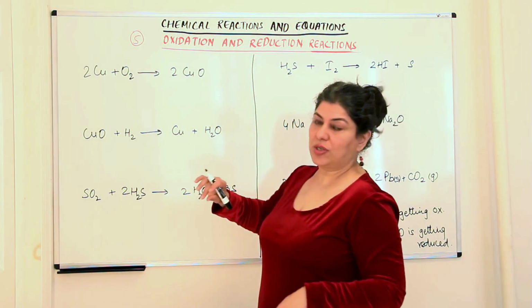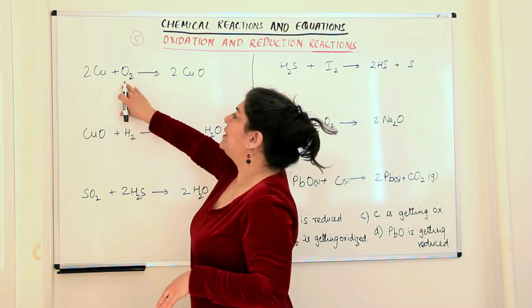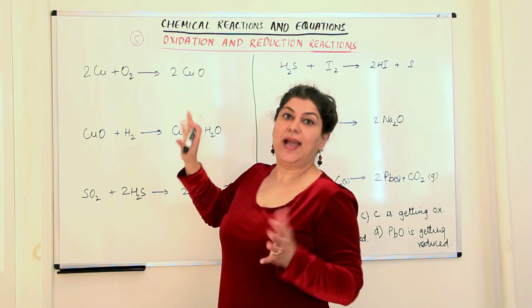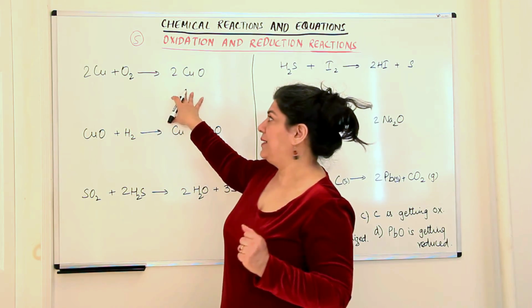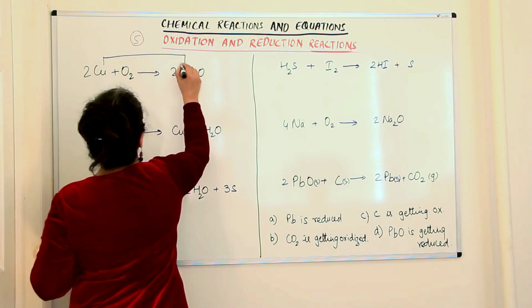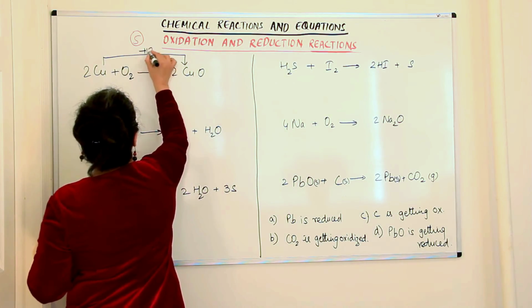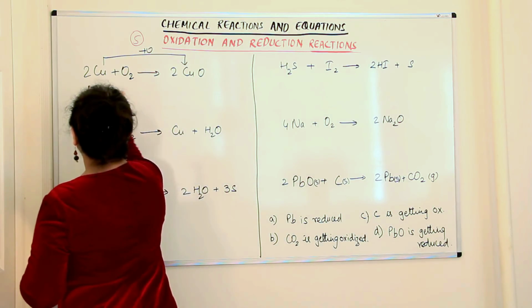Anyway, coming back to redox reactions, this is copper and oxygen. Copper is turning into copper oxide, and oxygen is also turning into copper oxide. So using our definitions, copper turning into copper oxide, what is happening? Addition of oxygen. Addition of oxygen is oxidation, right?